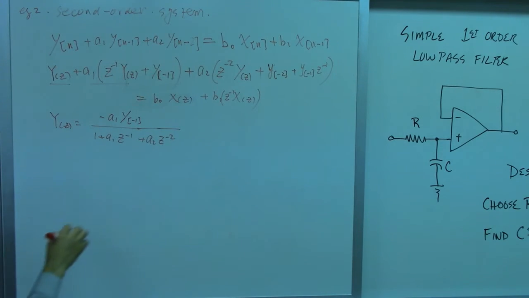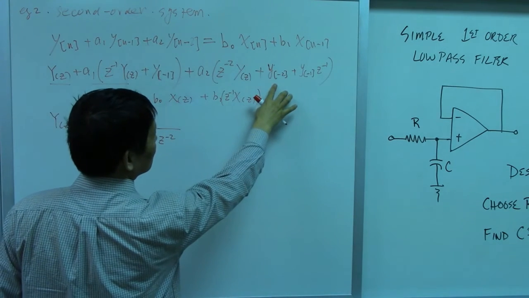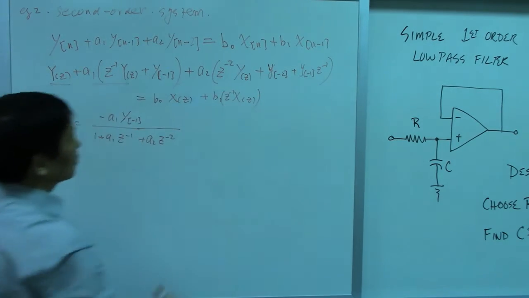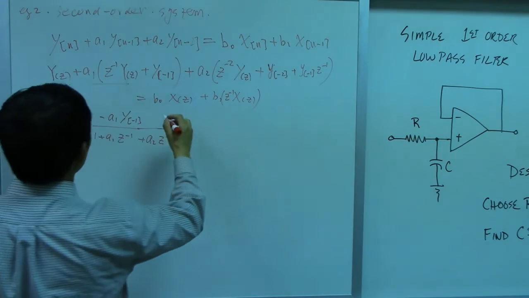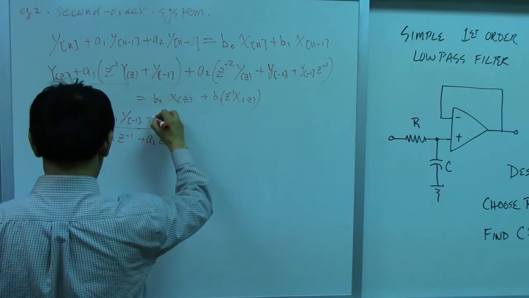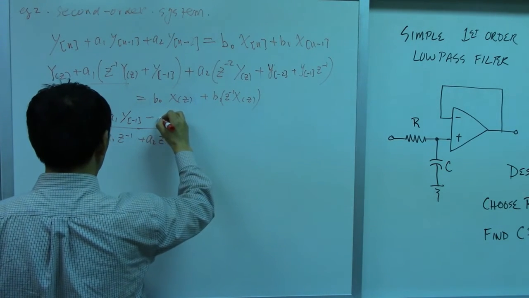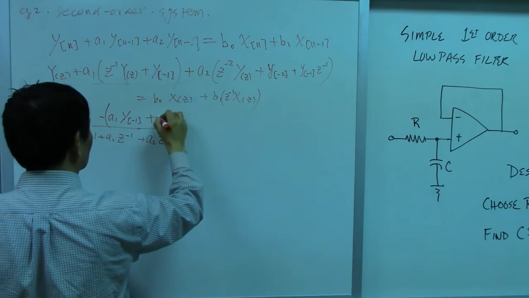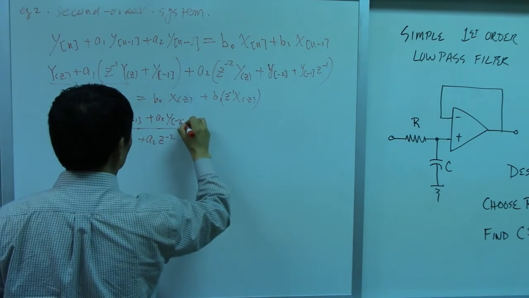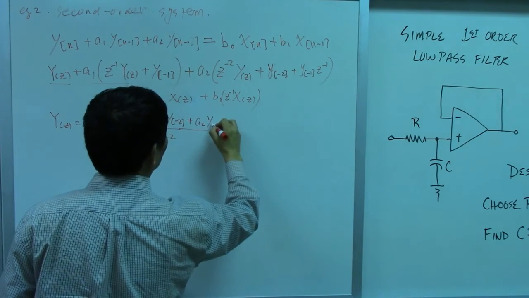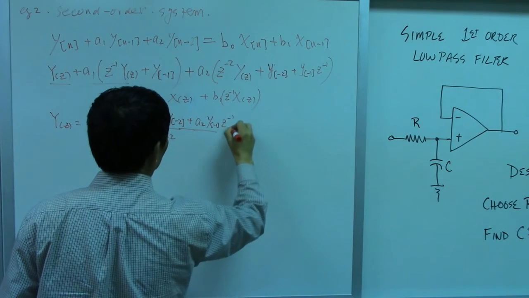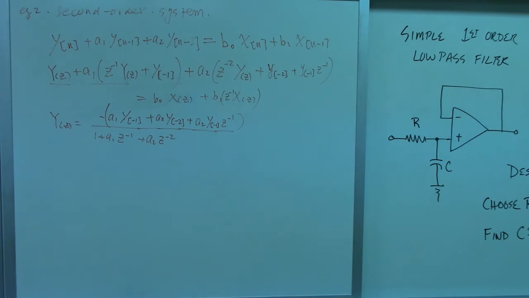The next term, this one and this one, will be plus a2 y[-2], then plus a2 y[-1] z to the -1. So everything good?